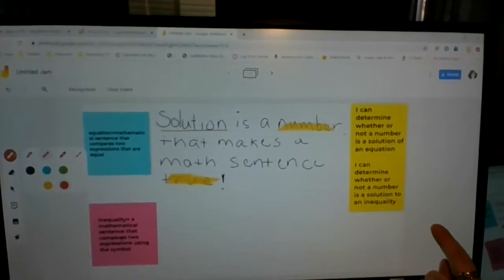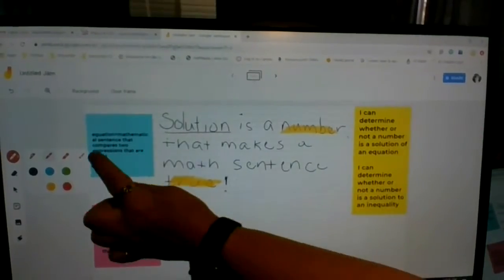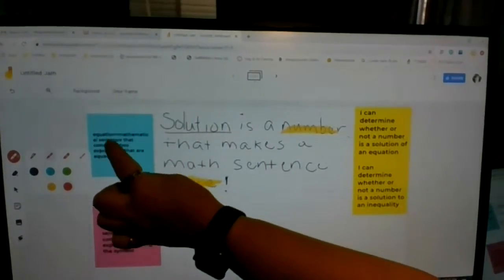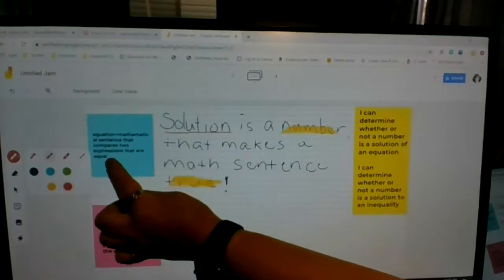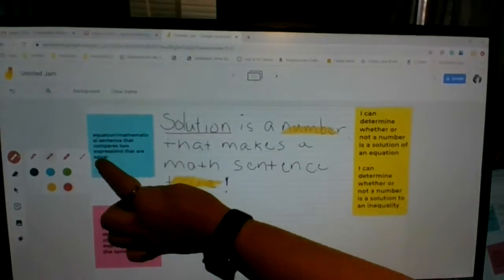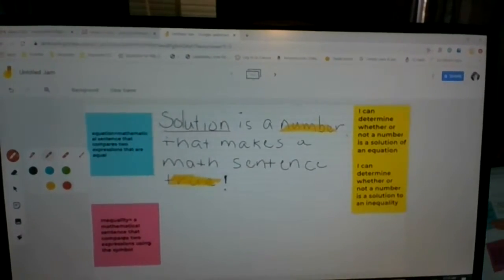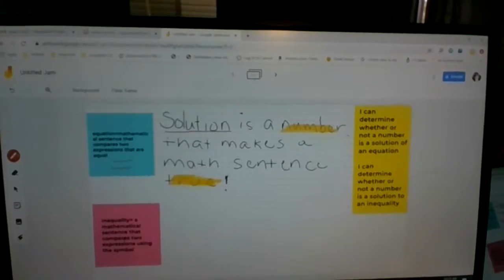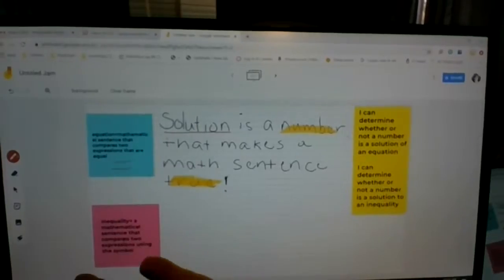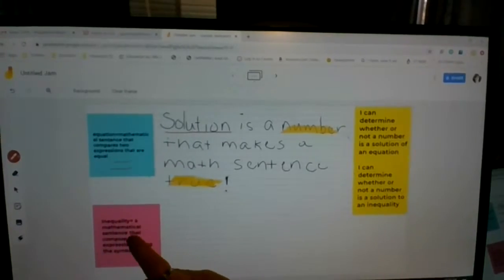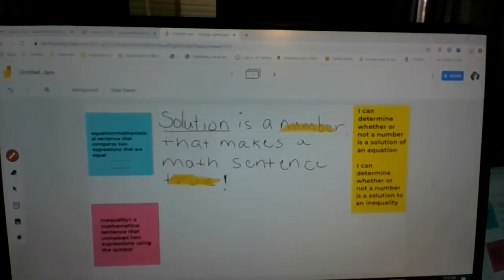So let's just take a quick moment here. Would you take a look over here in the blue square? An equation is a mathematical sentence that compares two expressions that are equal. So if I'm going to be doing that, I'm going to have an equal sign. Down here in the pink is our other vocabulary word for today, and it's the word inequality. An inequality is a mathematical sentence that compares two expressions using the symbols.